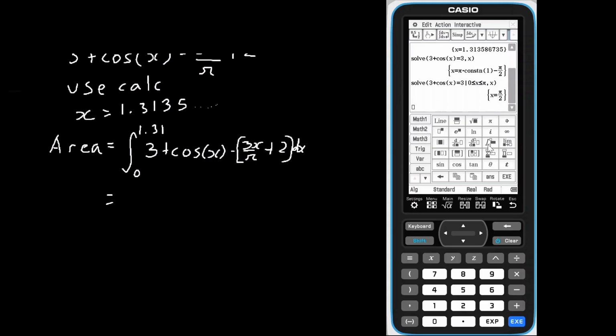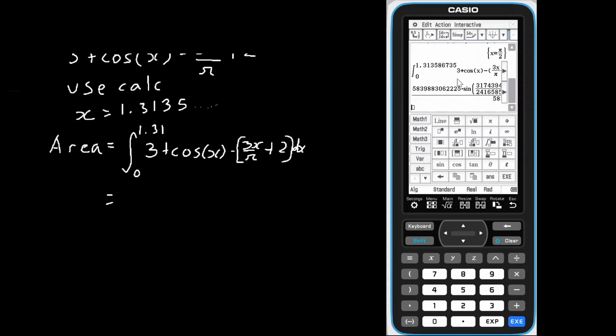Again, we can just use our calculator. To find the definite integral, go to Math 2, jump into here, say it's our value from previous. You can highlight this, go edit, copy, and then edit, paste, and it's from 0, when x is equal to 0. Then we have 3 plus cos x minus, don't forget your bracket, 3 divided by pi plus 2, close the bracket, and the variable here is x.